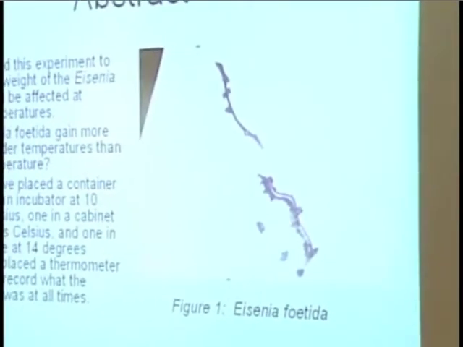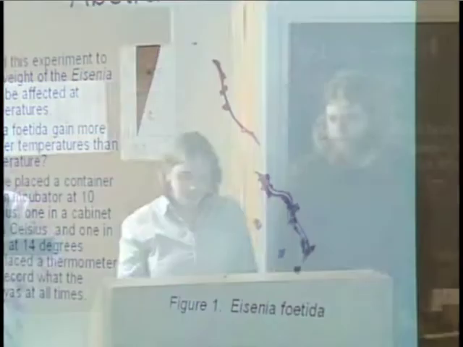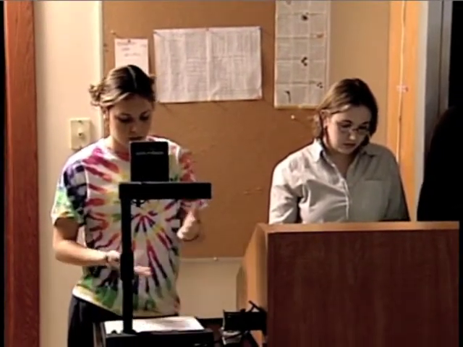We predicted that the worms kept at room temperature would gain the most weight over the 2 weeks because we thought the cooler temperatures would slow down the life cycle of the worms, causing them to eat less food.